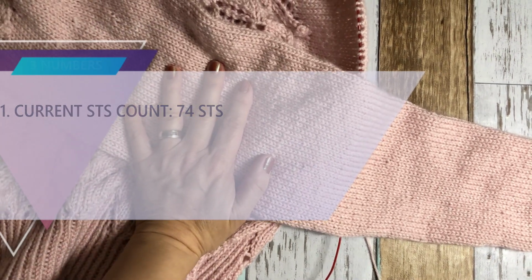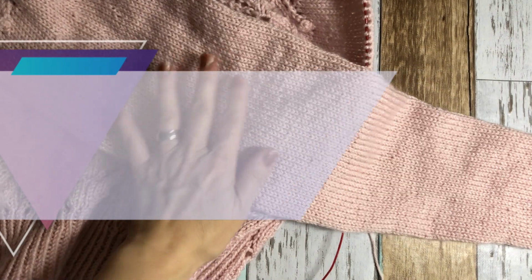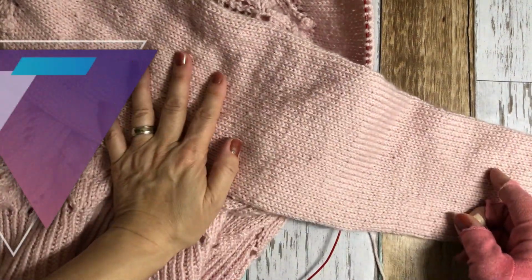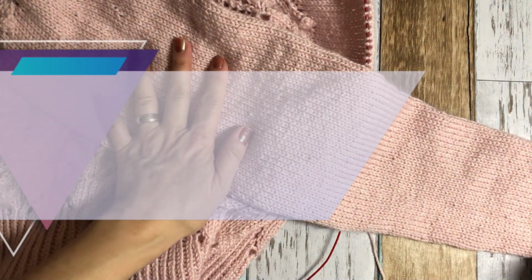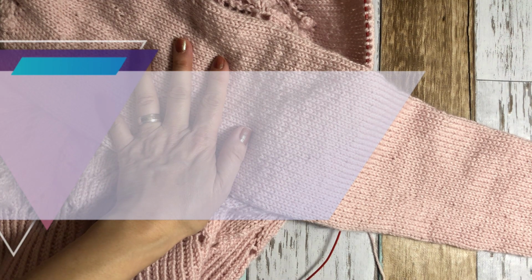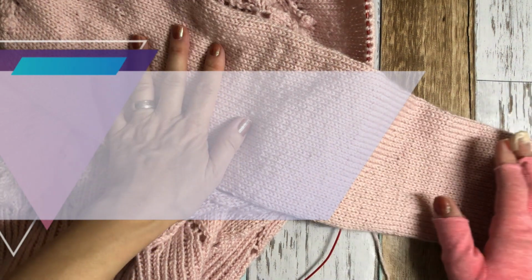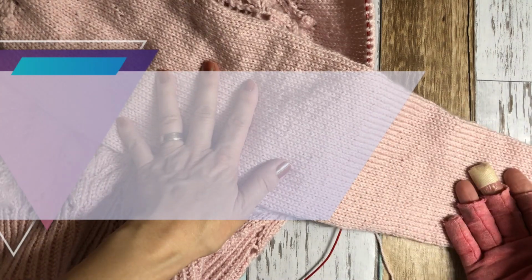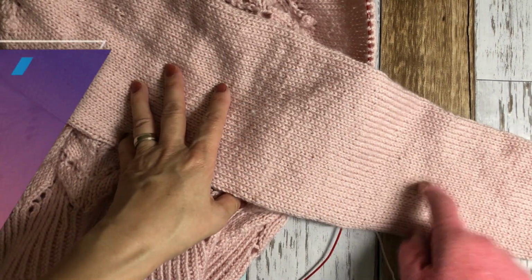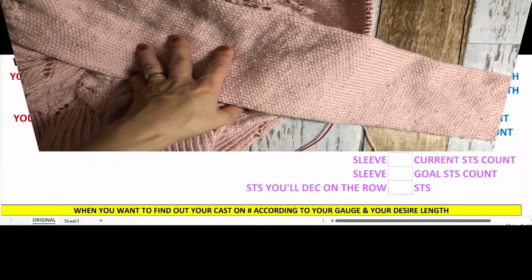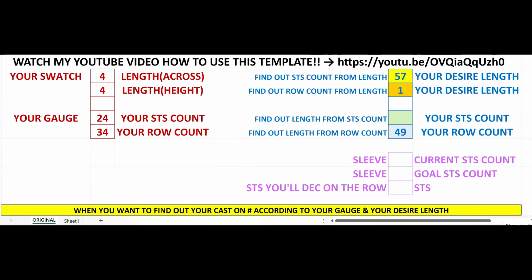All right, because you have to decrease evenly to make the shape of the sleeve look nice. Let's move on to do a little math. Okay, so I came back to my math gauge template. My swatch information is still here.